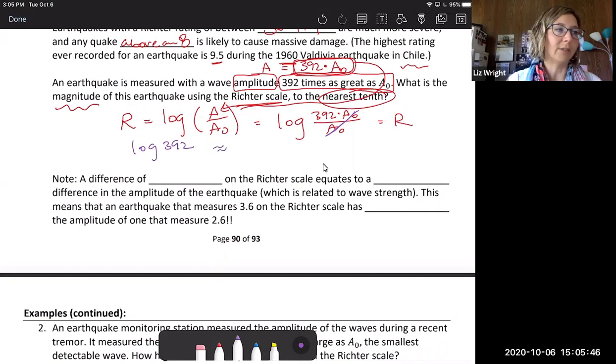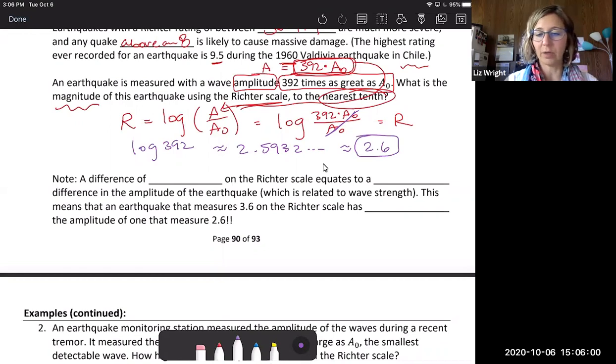Rounding to the nearest 10th, 2.5932, and that keeps going, becomes 2.6. And that is our answer, 2.6. There's not a label to put on here.